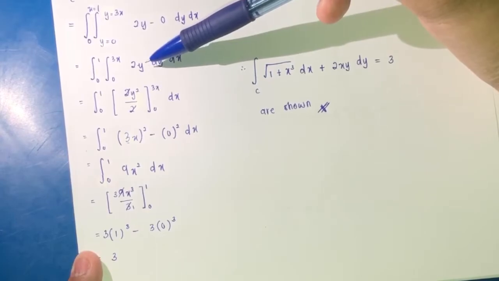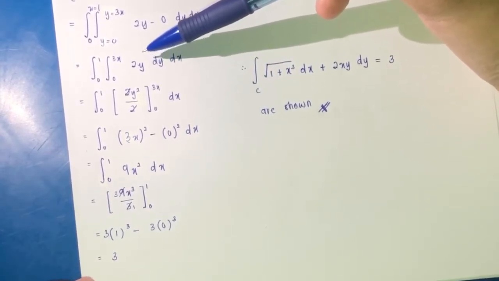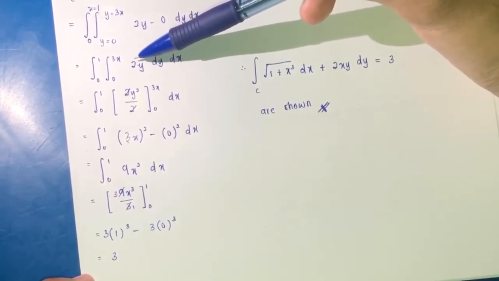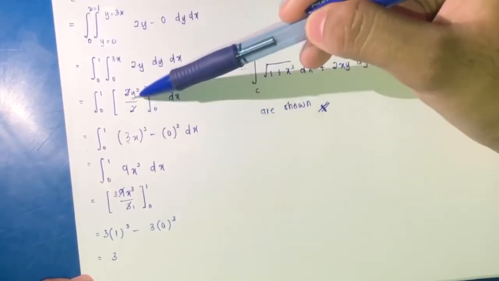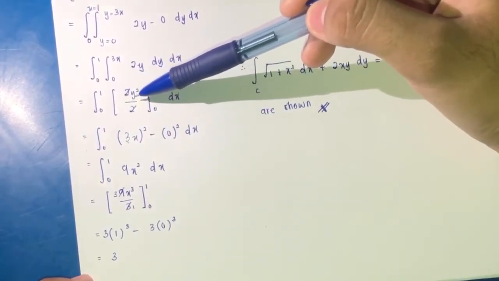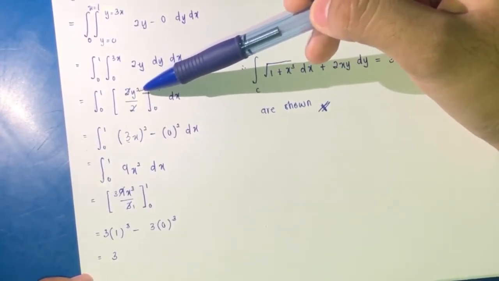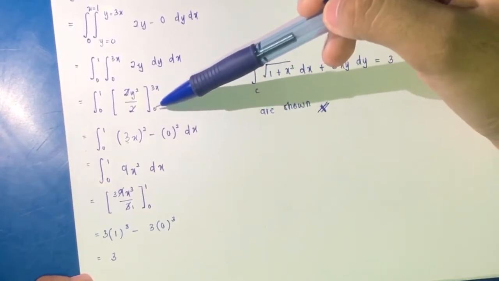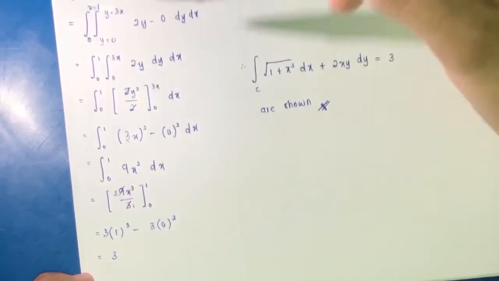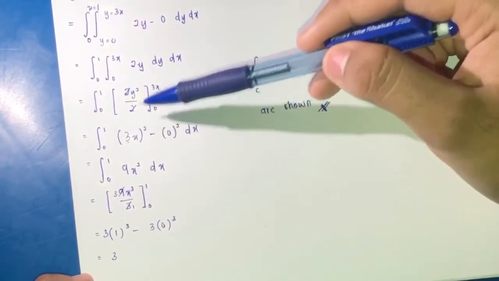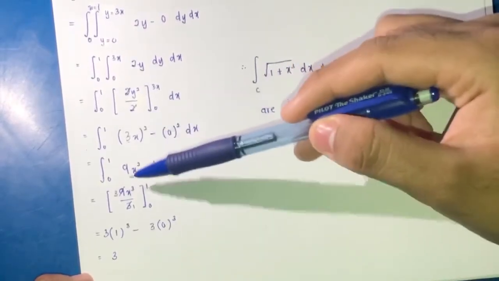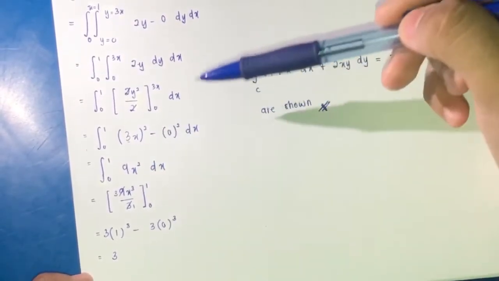Using basic integration, we integrate 2y and get 2y squared over 2, so we cancel out 2. We are left with y squared, and we put the limit of dy into the equation, which is 3x squared minus 0 squared, and now we are left with 9x squared.